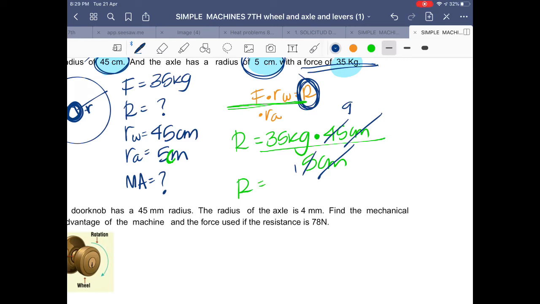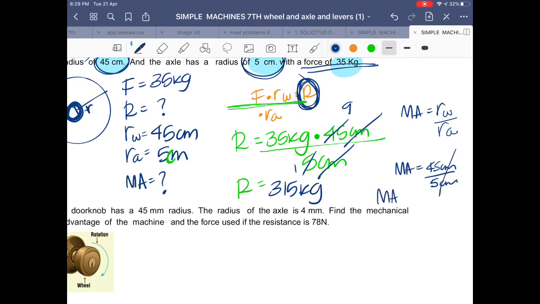So you have 35 times 9, 315 kilograms. And your mechanical advantage will be radius of the wheel divided by radius of the axle. Mechanical advantage equals 45 centimeters divided by 5 centimeters. Cancel centimeters, and your mechanical advantage is of 9.